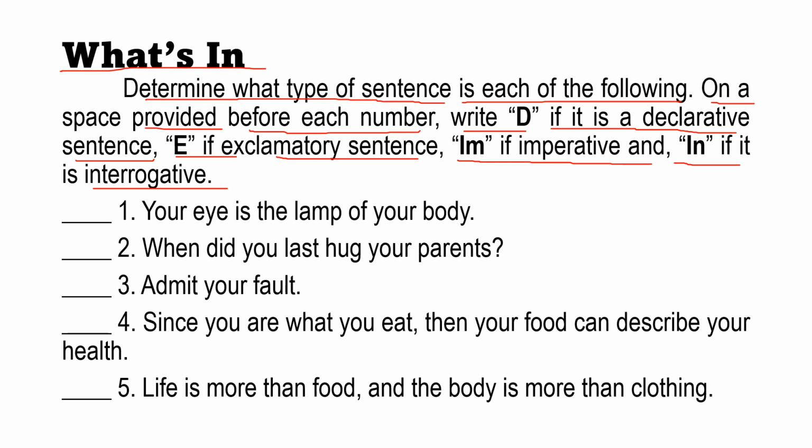So it's automatic that if a sentence asks a question and at the end of the sentence there is a question mark, this sentence is an interrogative sentence. This sentence type often begins with words such as do, how, who, what, where, when, and why.